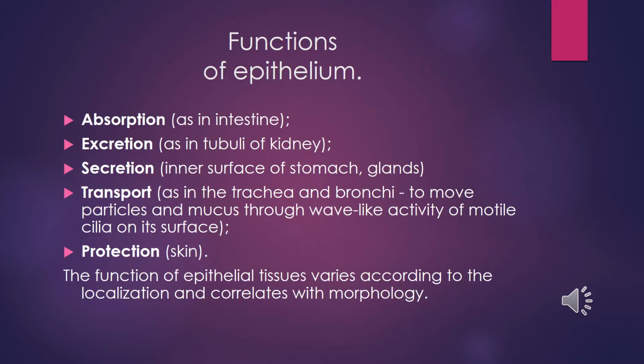Functions of epithelium are joined with the location of the epithelium. According to position of epithelium in the organism, we have five main functions of this tissue. The first, absorption; second, excretion; third, secretion; fourth, transport; and fifth is protection.